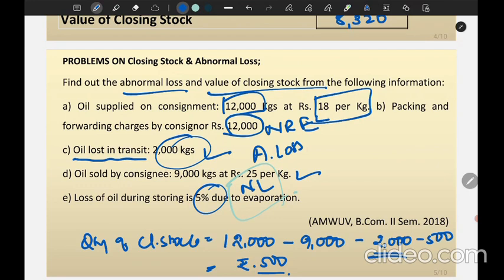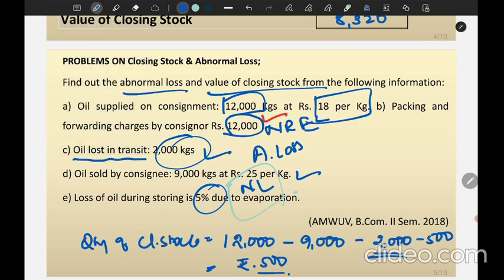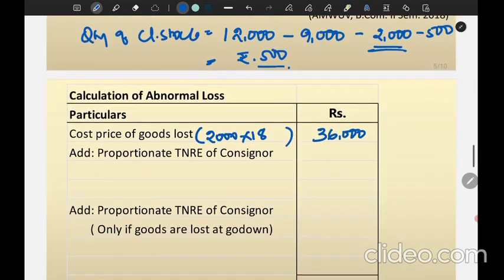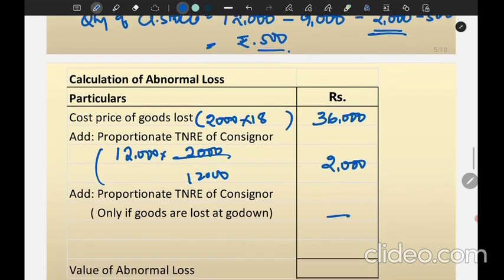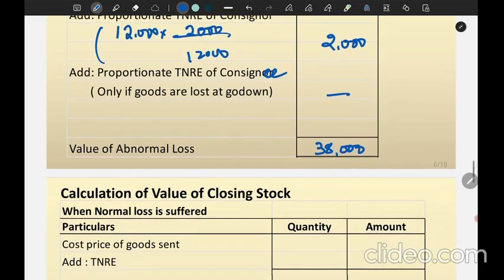Here the consignor has spent 12,000 on consignment, but those 12,000 are for 12,000 units. Now, we want proportionately for how much? 2,000. So again that comes to 2,000, and as it is lost in transit, we will not add consignee's proportionate non-recurring expenses. By that we will have total abnormal loss of 38,000.